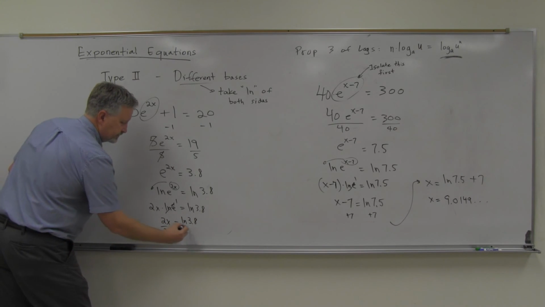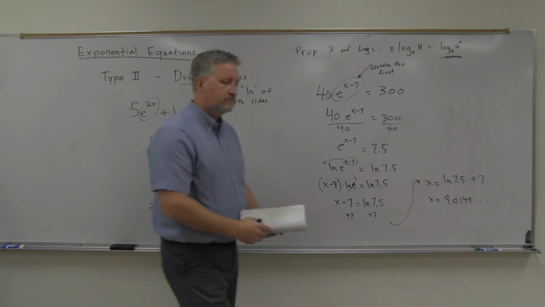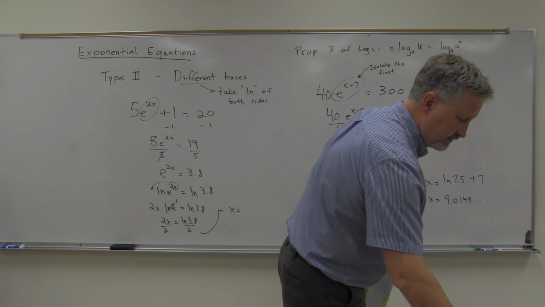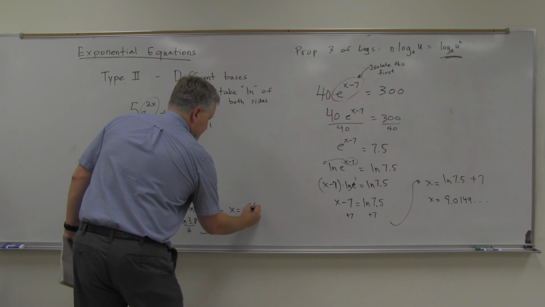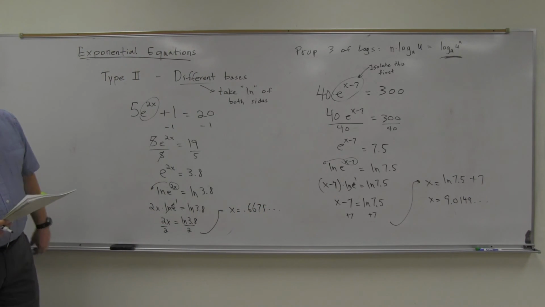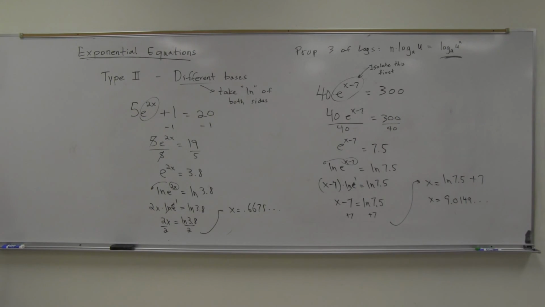Divide by 2. ln of 3.8 divided by 2 is 0.6675, however many places we need. Is that okay?